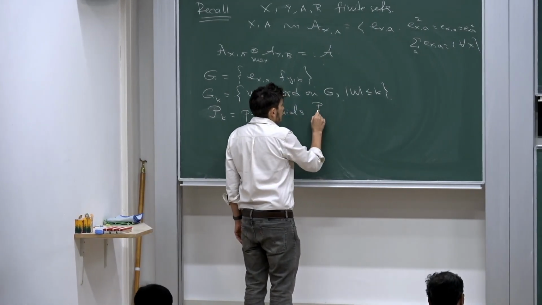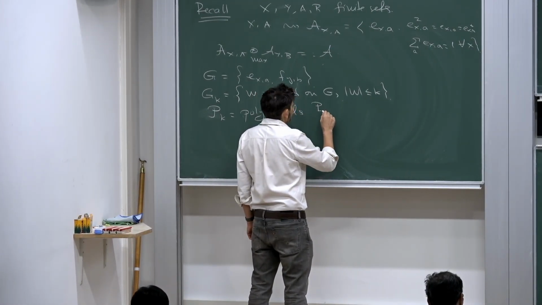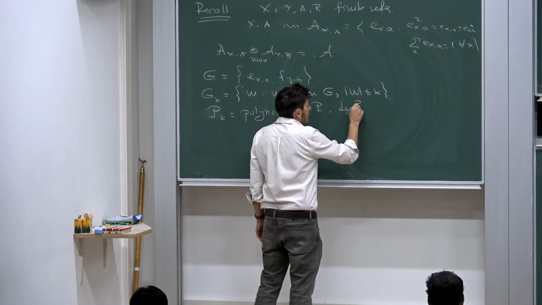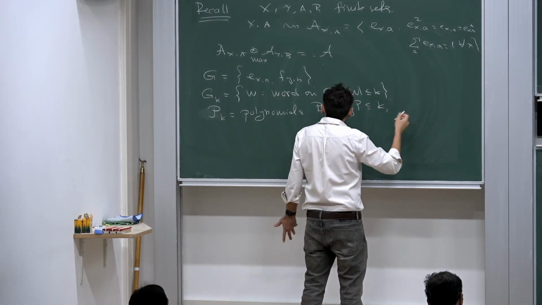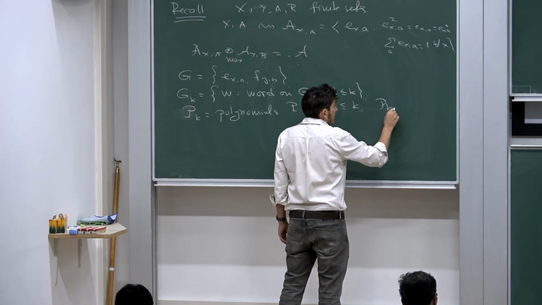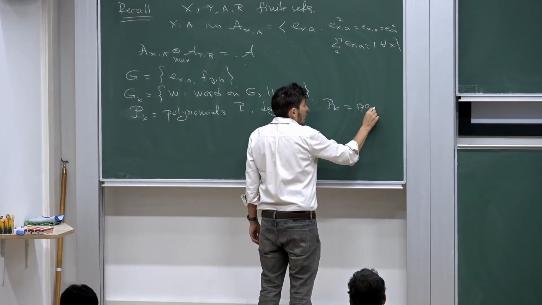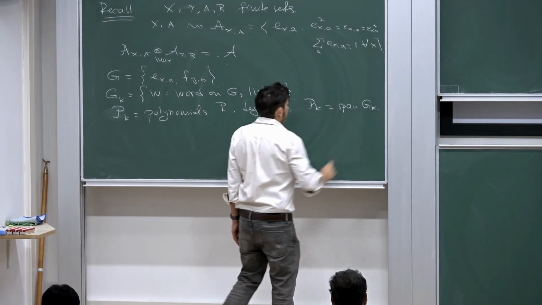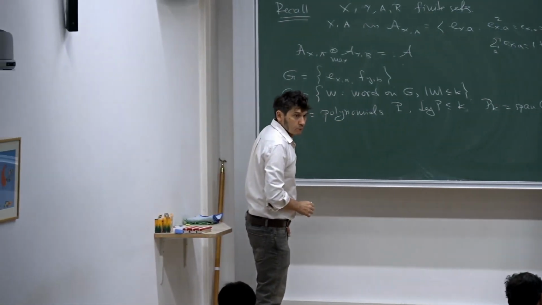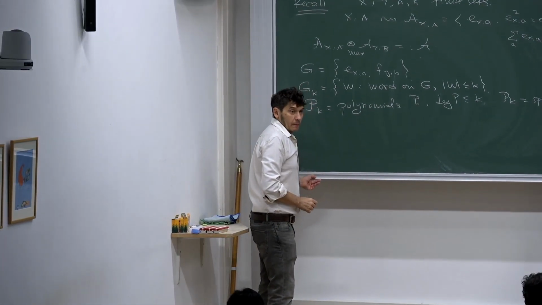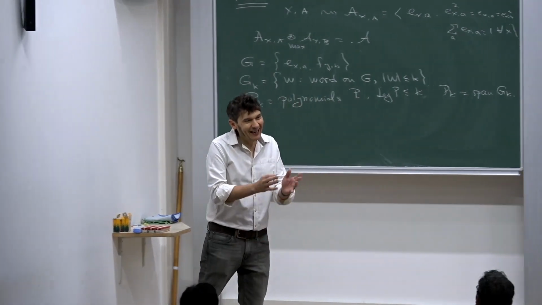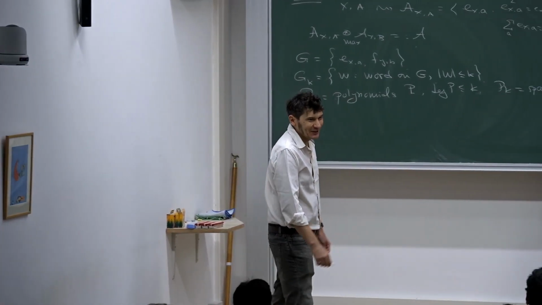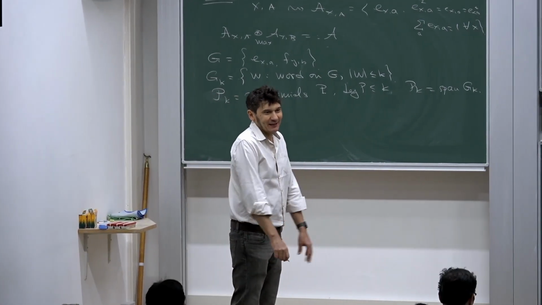So capital P, to distinguish from the correlations, of degree at most k, is just the linear span of G_k. That's an operator system, right? Very good, exactly. It's an operator system. That's what's lying behind the NPA hierarchy.